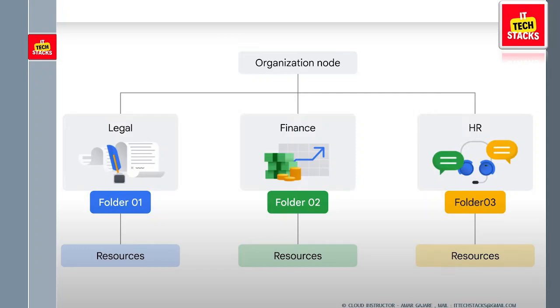If you need to change a permission on both resources, you would otherwise have to do that in two places. Suppose you have different projects placed in different folders. You have to apply policies in each of the different folders.